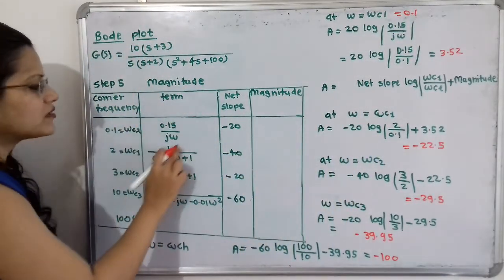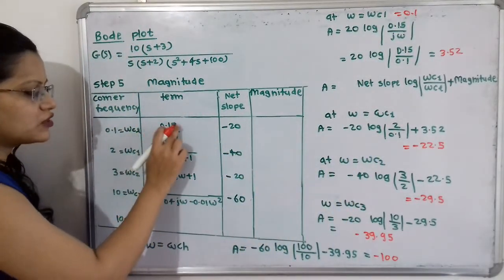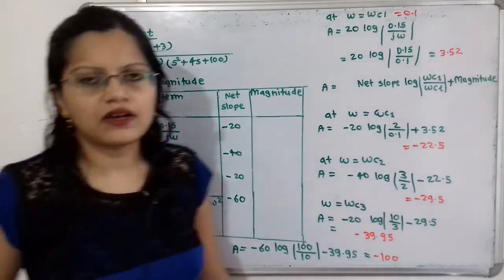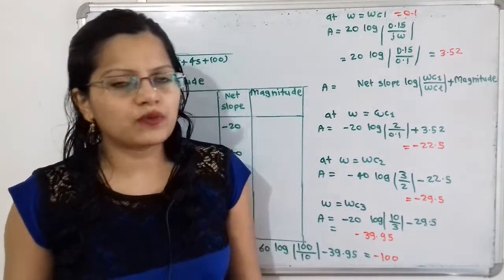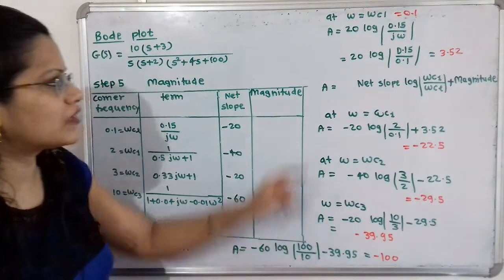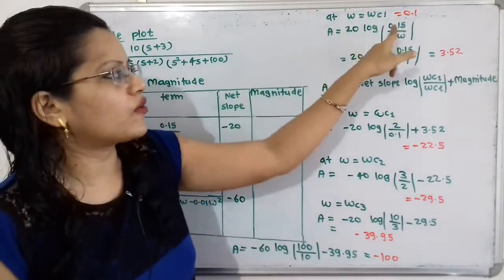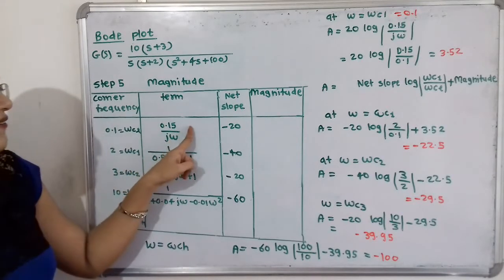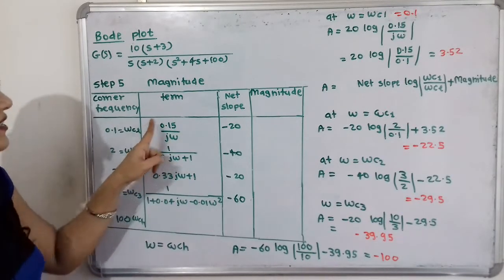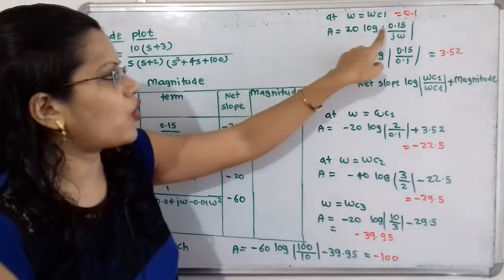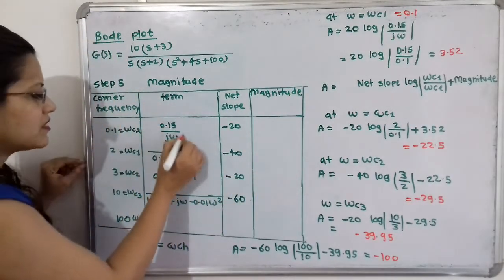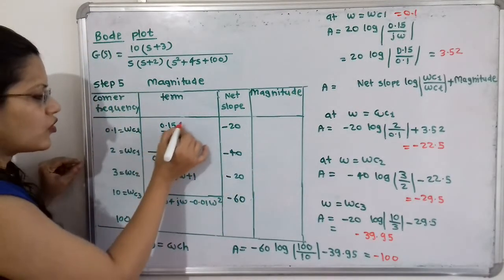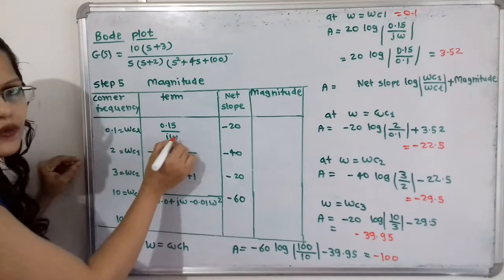So we have to consider this first term, that is 0.15 by j omega. So for the magnitude for Bode plot, we know that we have to take 20 log of mod of that term. So here this term is having no corner frequency, so magnitude is equal to 20 log of mod of 0.15 by j omega.